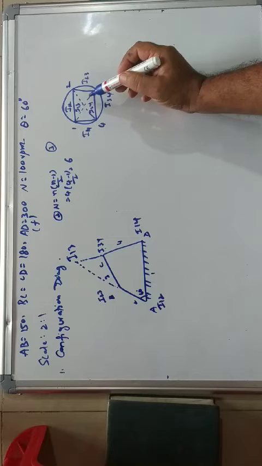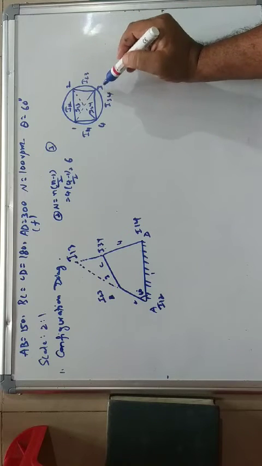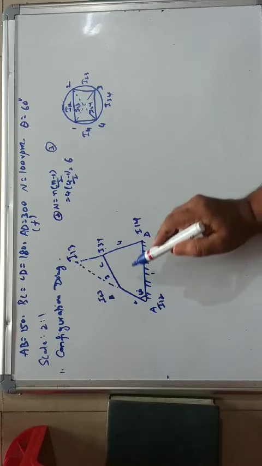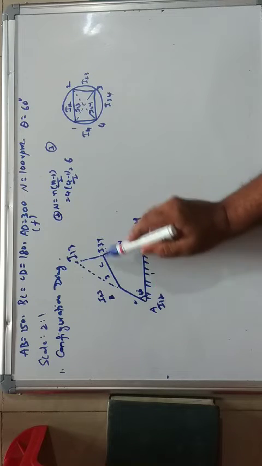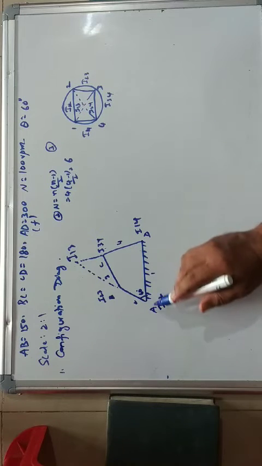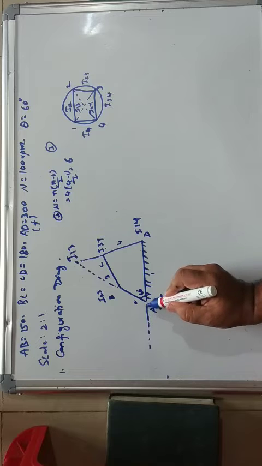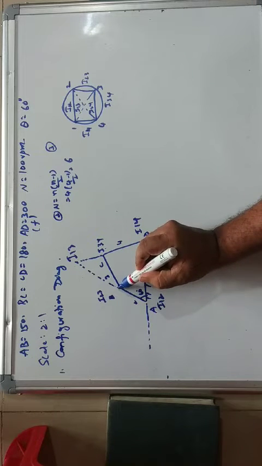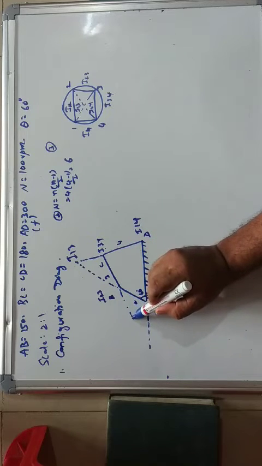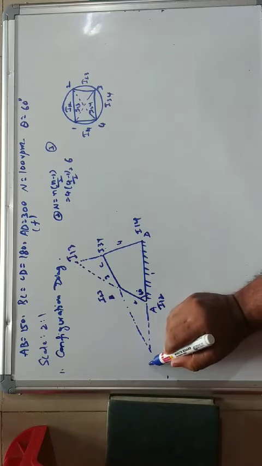Similarly, if you want to get I24, it is the extension of 23-34 and 14-12. So extend 14-12 here, then extend the 23-34 line. This point is I24.